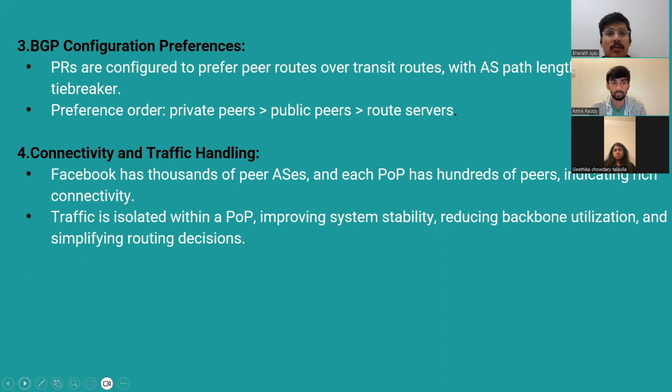Peer routes are configured to be preferred over transit routes, with path length as a tiebreaker. Here, the preference order is private peers greater than public peers greater than route servers. And the fourth one is connectivity and traffic handling. Facebook has thousands of peer autonomous systems, and each point of presence has hundreds of peers, indicating rich connectivity. Traffic is isolated within the point of presence, improving system stability, reducing the backbone utilization, and simplifying the routing decision.